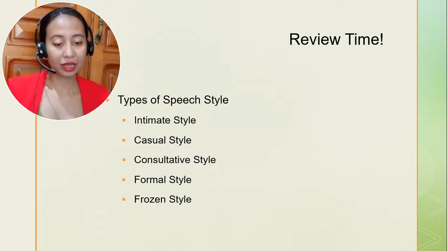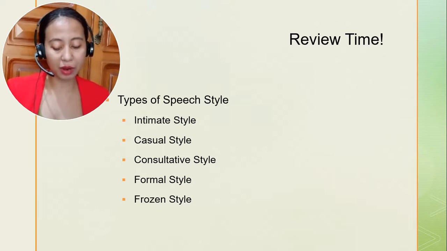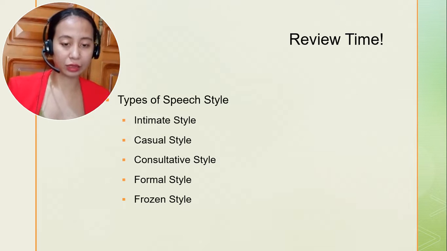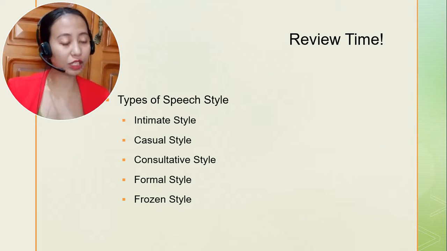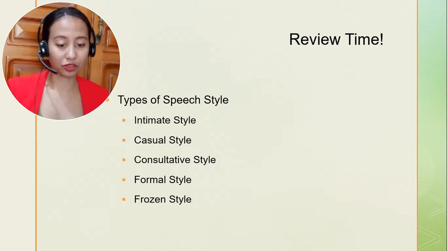Next, lastly, frozen style. This has the characteristics of poetry and liturgy. Okay, this style is intended to be remembered and used in every formal setting, such as in a palace, church rituals, what else? Speech for state ceremony, and some other occasion.